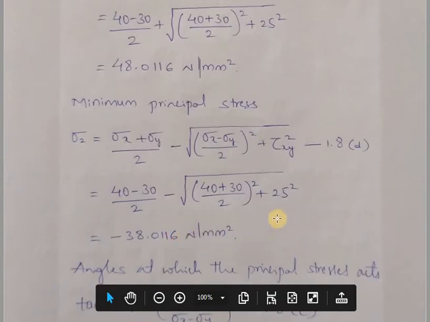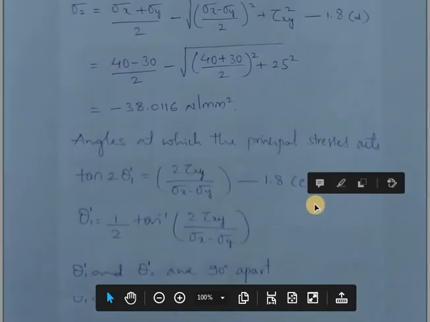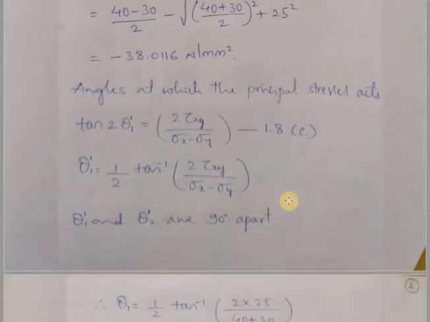Next we need to find the angles at which these principal stresses act on the plane. For this you refer to equation number 1.8e. So here the equation is tan 2 theta 1. These symbols will change according to our convenience. So we write it as tan 2 theta 1 dash is equal to 2 tau xy divided by sigma x minus sigma y, as given by equation number 1.8e in the data.